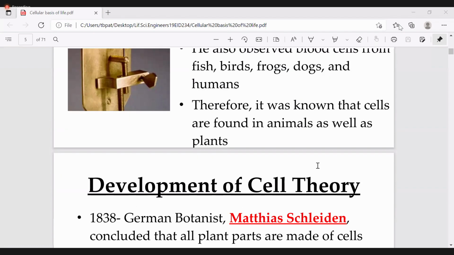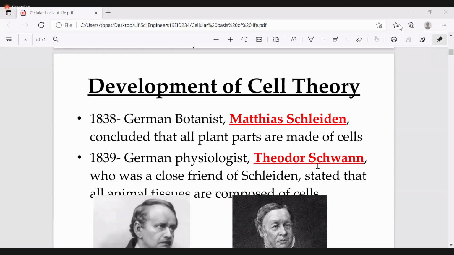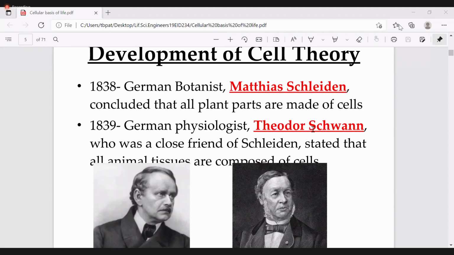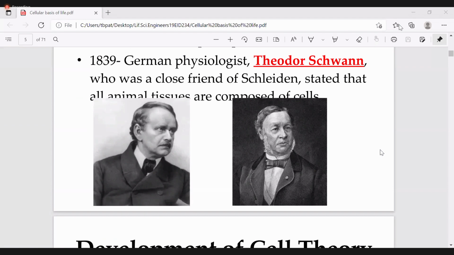Regarding cellular division and cell bodies, great scientists in 1838 and 39, a German botanist and a German physiologist, both identified this. One worked on plant parts, and the other, Theodor Schwann, who was a close friend of Schleiden, both good friends, started with the idea that all animal tissues are composed of cells.